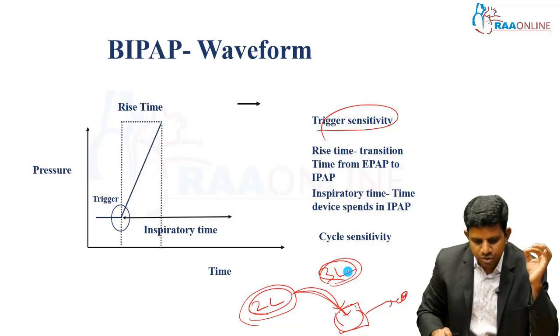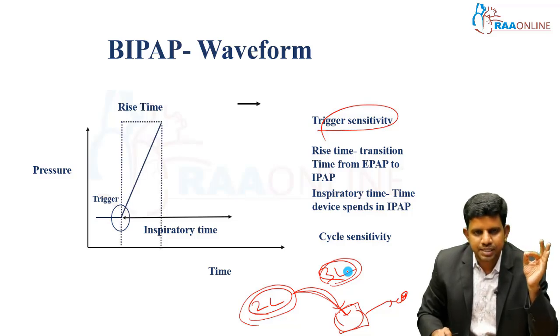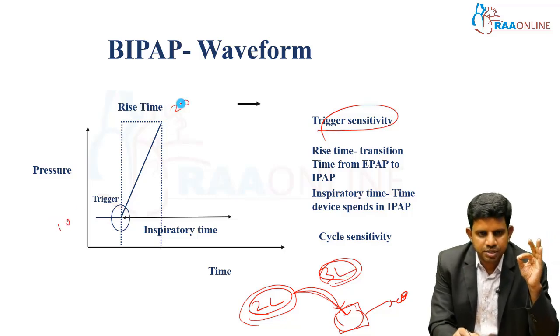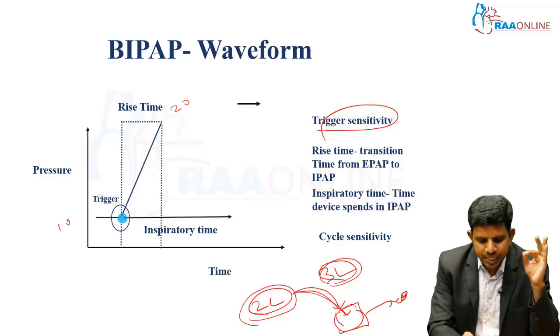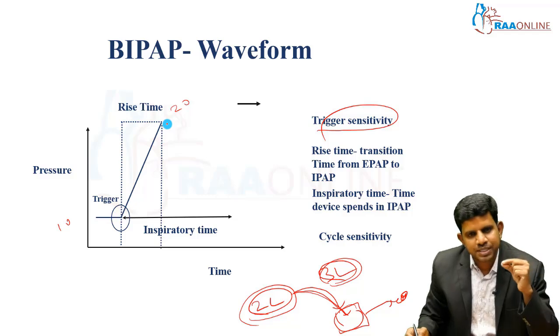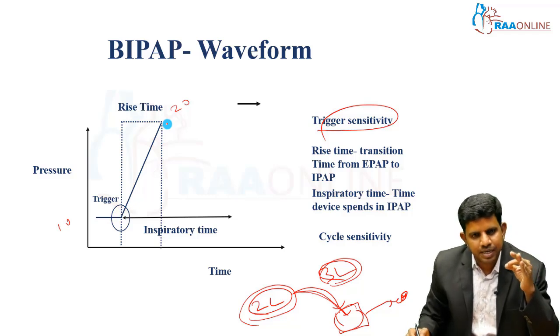Second is called rise time. What does rise time mean? For example, my EPAP is 10 and I keep IPAP at 20. During inspiration, the pressure will increase from EPAP to IPAP. How rapidly the ventilator pressure reaches from EPAP to IPAP is called rise time.